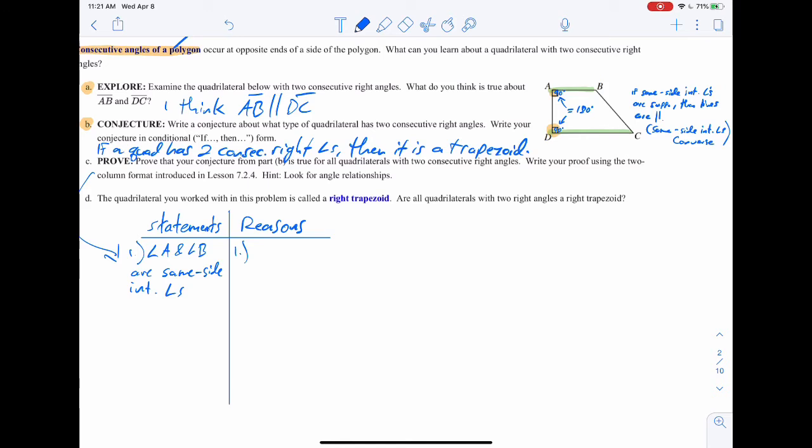We could say given, but we're really going to use the definition of same side interior angles being two consecutive angles formed by a transversal and two lines. Now, think about what our second statement might be.